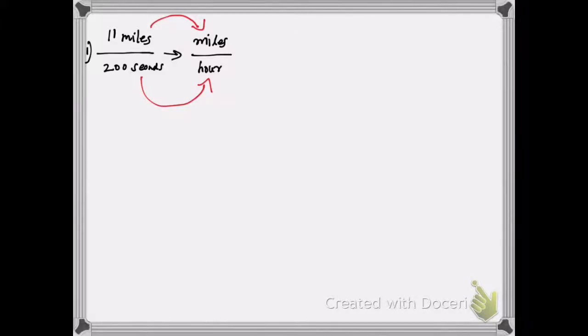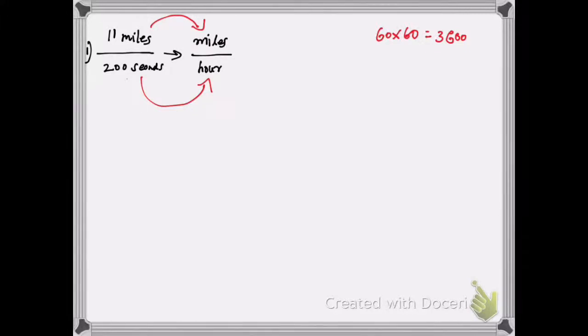So you know that 1 hour is what? How many seconds? So 1 hour is basically 60 times 60 seconds, which is 3600 seconds, right? So when you multiply 200 with something, you will get 1 hour, which is 3600 seconds, correct?